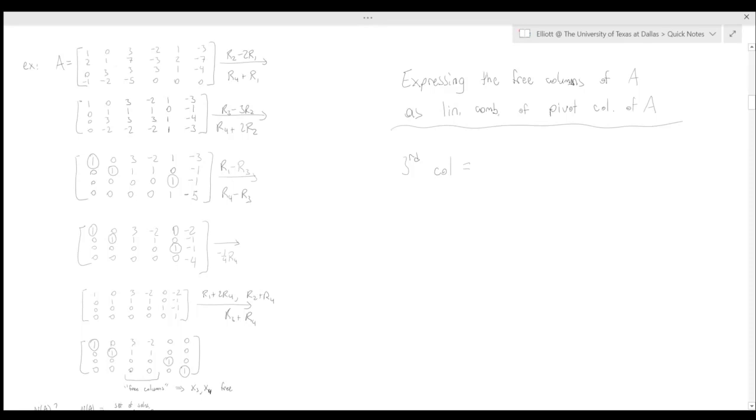So that's going to tell us that the third column in the matrix A is equal to 3 times the first pivot column plus 1 times the second pivot column.